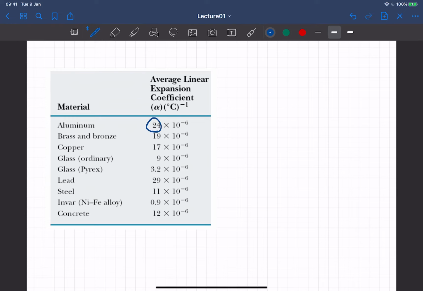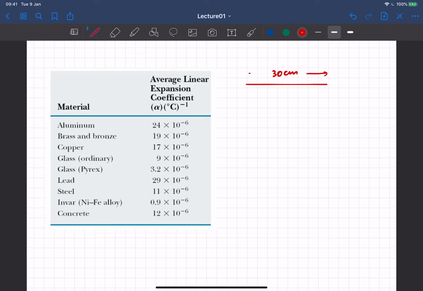So 24 times 10 to the minus 6, that's a very small number. How small is it? Let's take a quick number here. Let's say you have a piece of aluminum that is 1 foot long. How long is 1 foot? That's 30 centimeters.